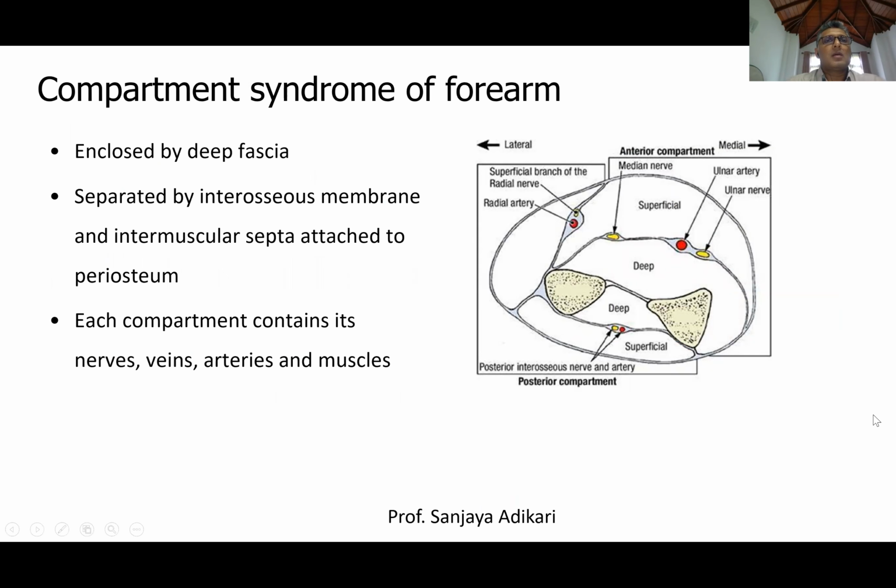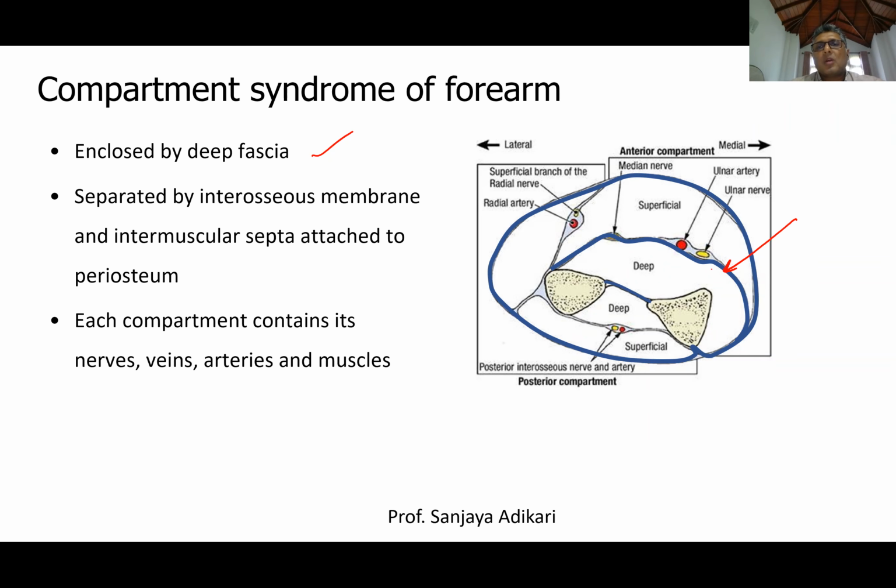Okay, the compartment syndrome, the same thing. Now why do you get compartment syndrome in limbs? The reason is that they are enclosed by tough deep fascia around, and inside there are usually intermuscular septa separating that part of the limb into compartments: anterior compartment, posterior compartment, lateral compartment, like that.